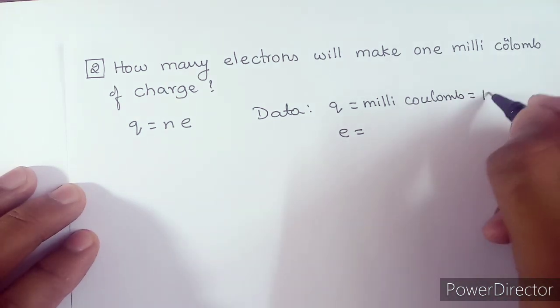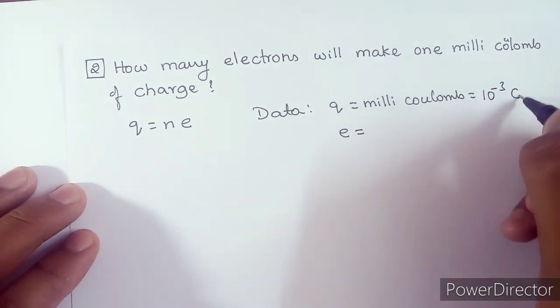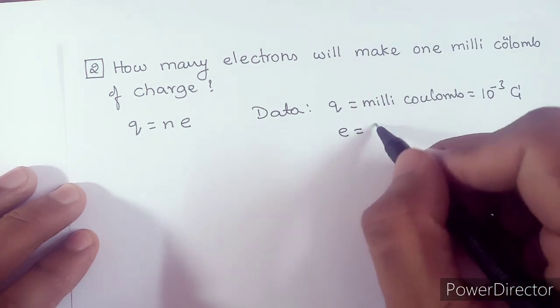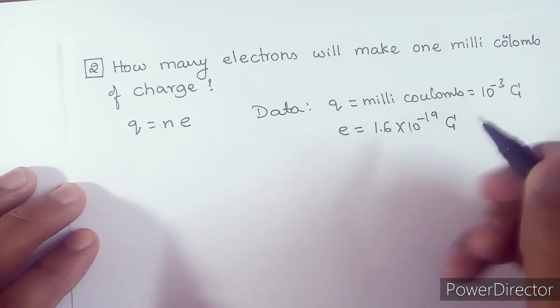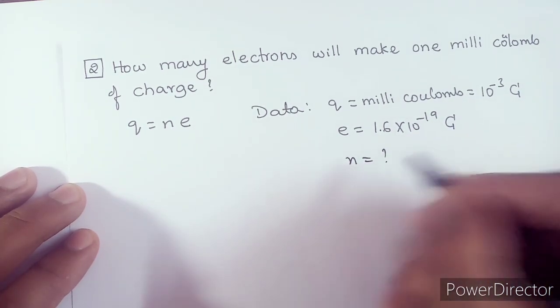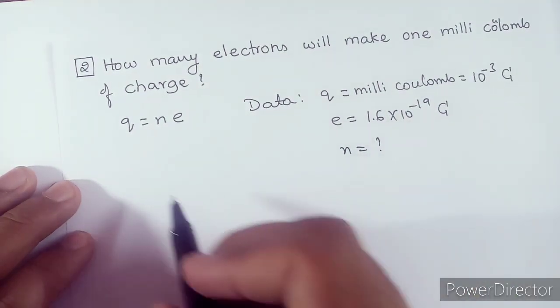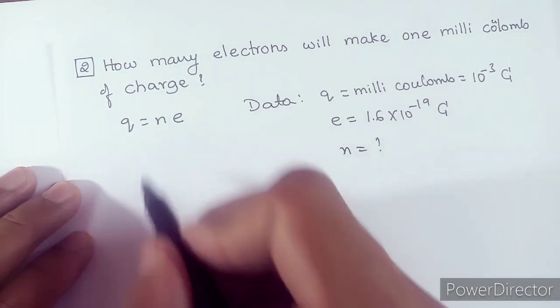What does it mean? 10 to the power minus 3 coulomb of charge, and E we know is 1.6 into 10 to the power minus 19 coulomb. And what do we need to find out? The N value. Let me substitute all the data given into this equation.